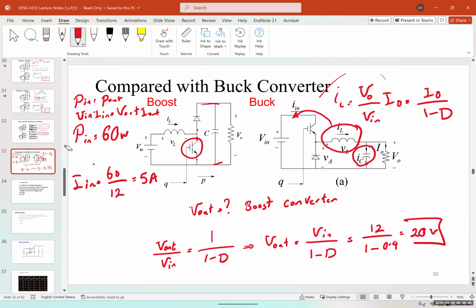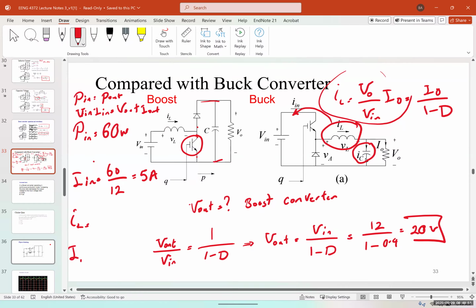But if I want to use this equation for IL, let's find I out as well. I out is equal to P out over V out. Am I correct? So what is V out? V out was from the previous, we got 20. So this is going to be 3 amps.